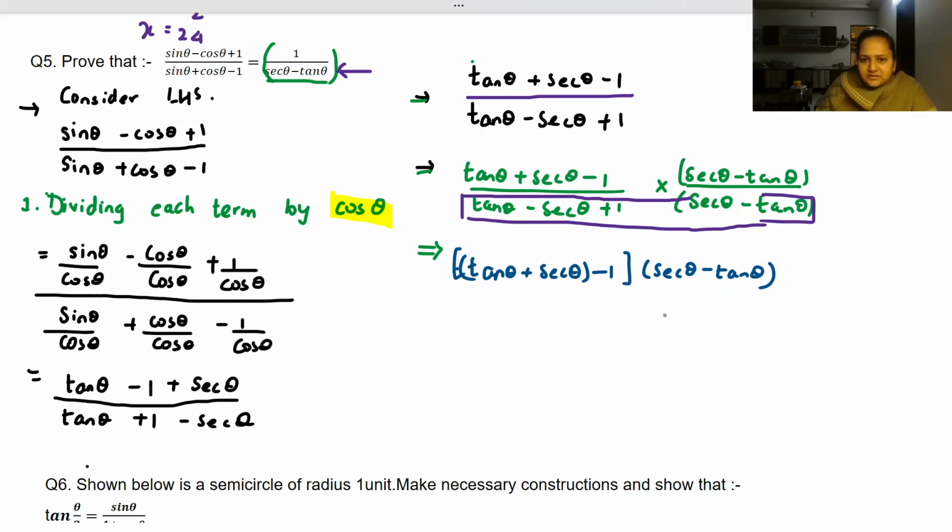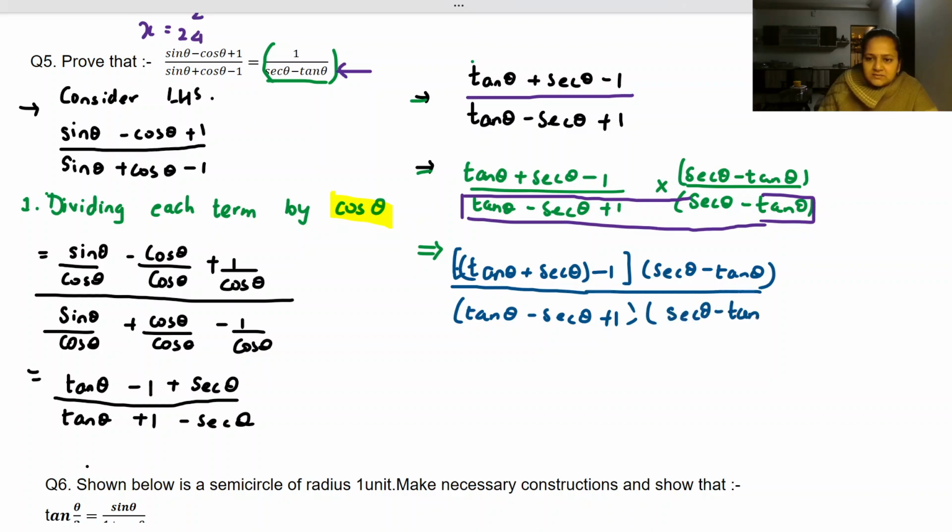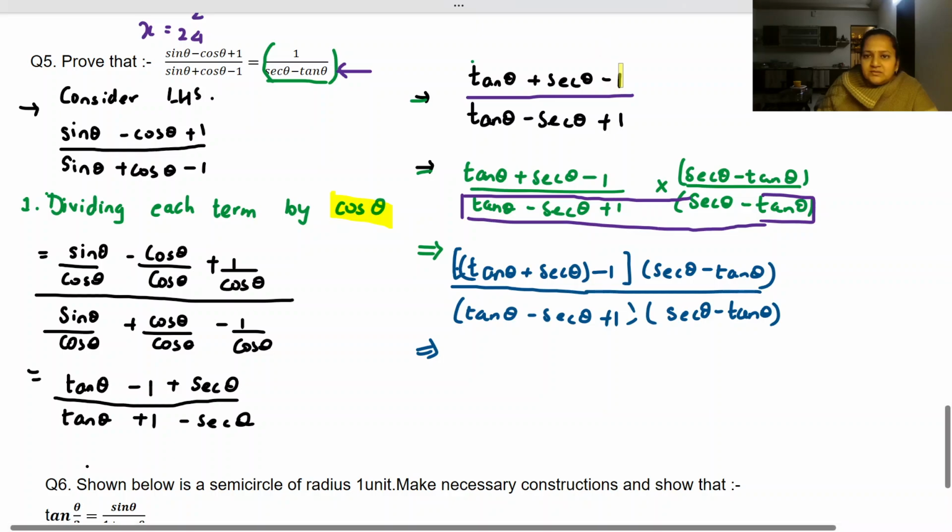I haven't solved it yet, I've just written it together. And in the denominator, we leave tan θ − sec θ + 1 as the first bracket, and the second bracket is sec θ − tan θ. As told, we are going to do nothing to our denominator.